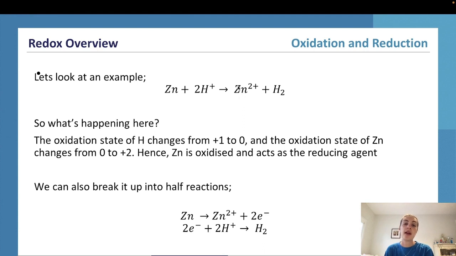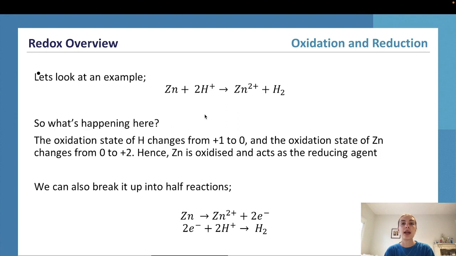And then with our zinc here, it's got a charge of 2+, and that comes under rule 2, in that if the entire molecule is an ion, then the charge is its oxidation state. So with zinc 2+, its oxidation state is going to be 2+.